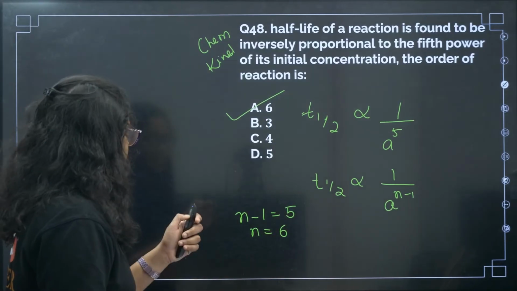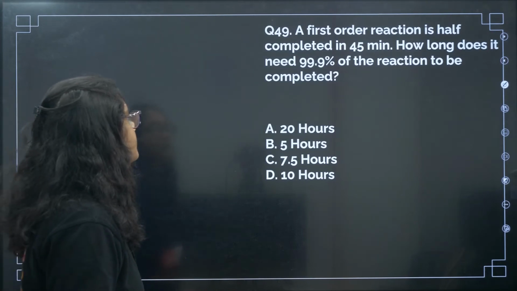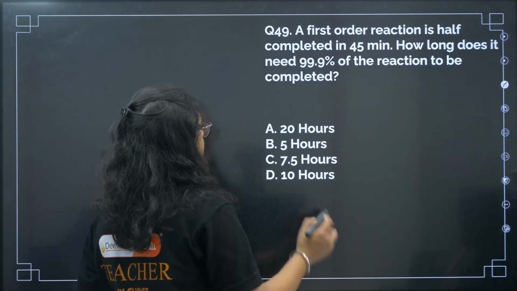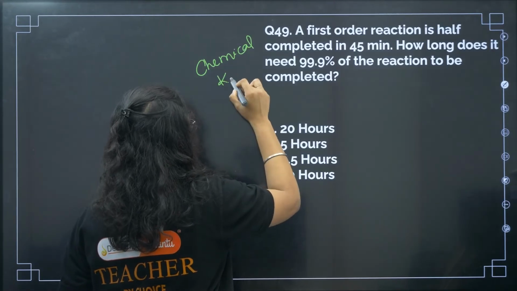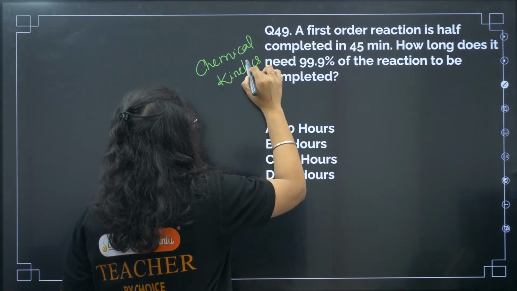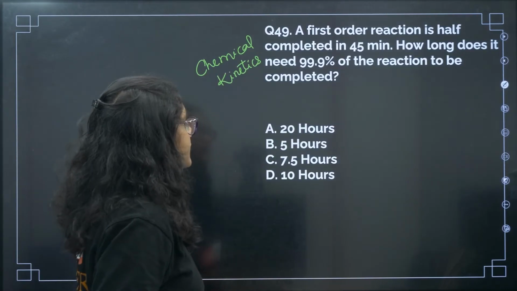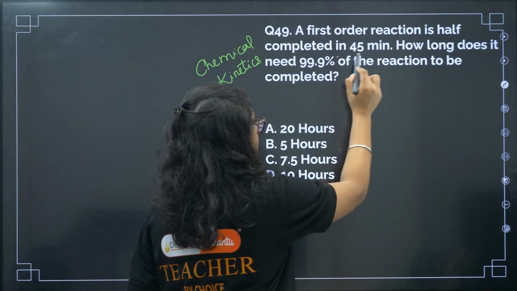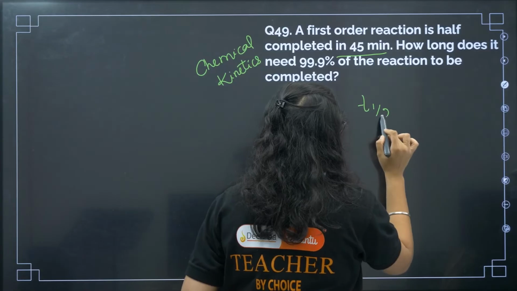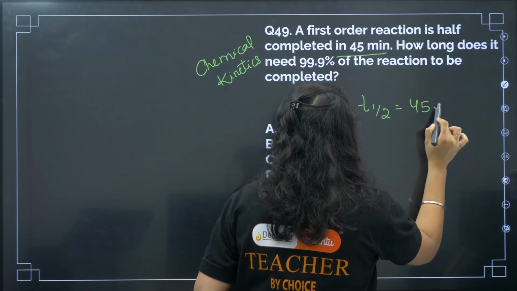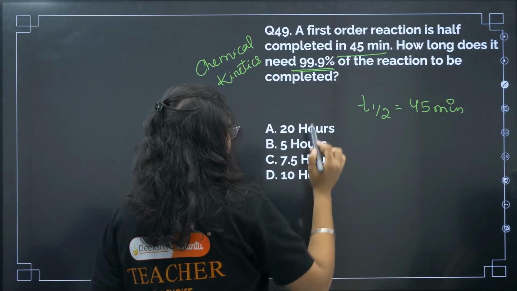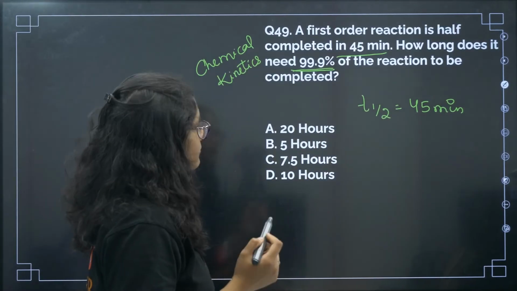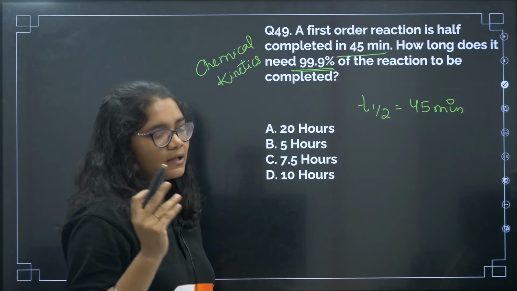Now coming to question number 49. First order reaction. So again this question is from chemical kinetics, right? A first order reaction is half completed in 45 minutes. So it is saying that T half is 45 minutes. Now how long does it take for 99.9% of the reaction to be completed?